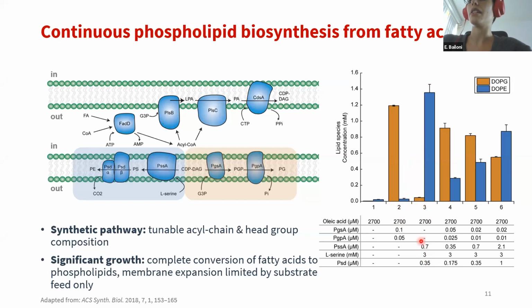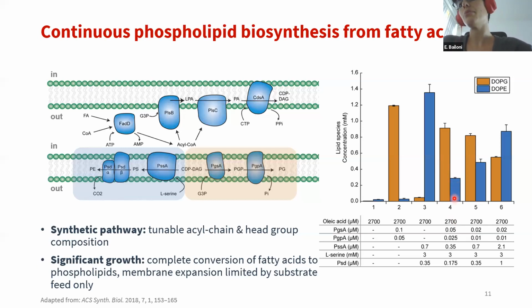But the most interesting and intriguing aspect of the pathway is that when both the proteins for PE formation and for PG formation were mixed together, different ratios of PG over PE could be achieved.